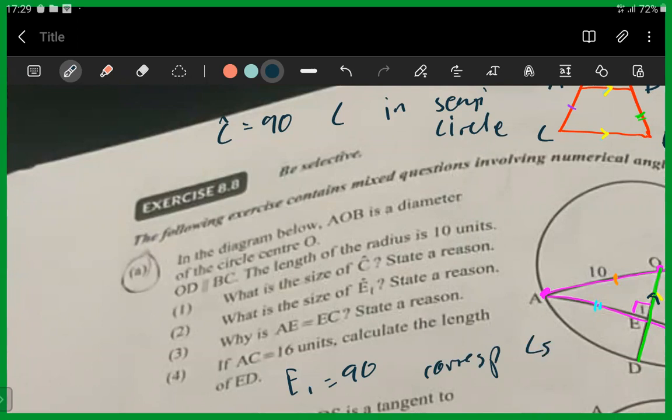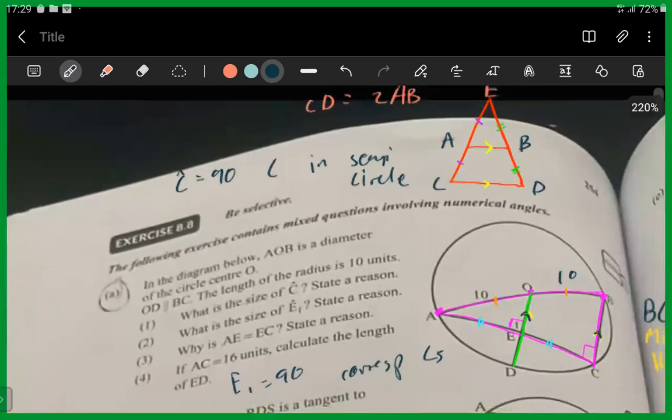And then it says why is AE equal to CE. Why are these equal? I wanted to say something about how the line bisects it, but then I don't know what would be a reason for that.